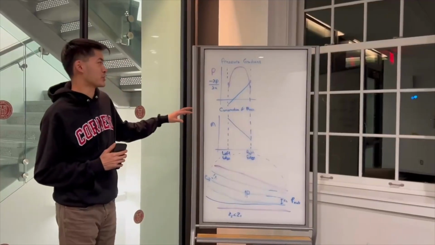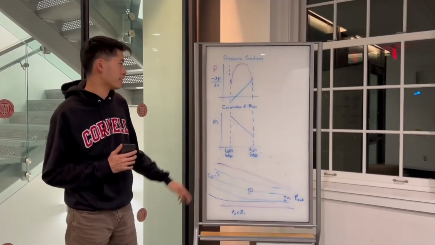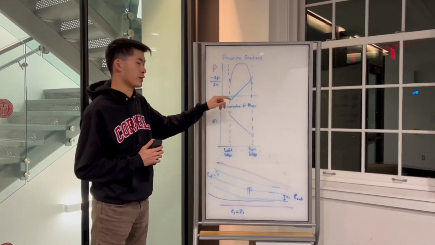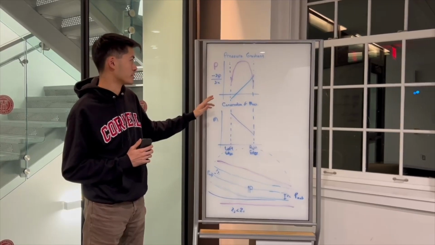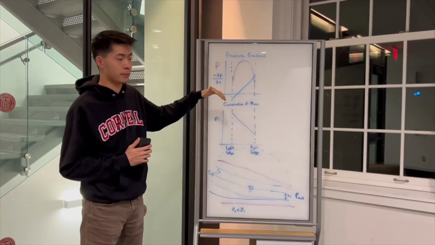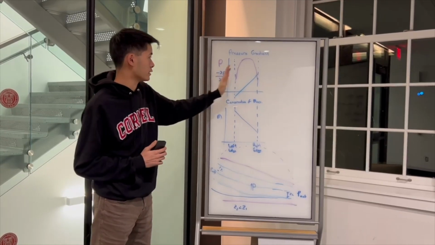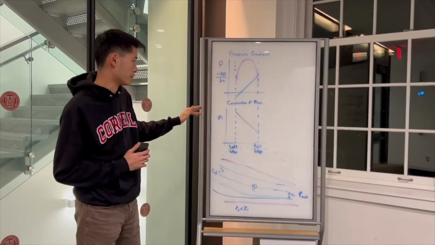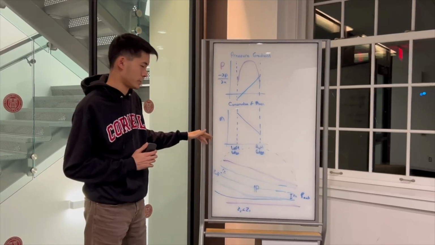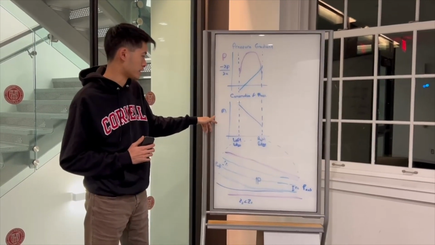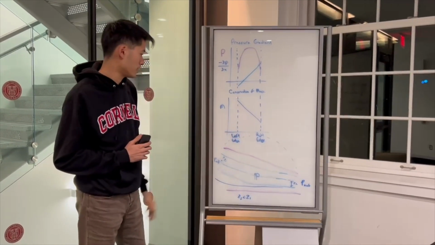So representing our system graphically, we see that we have a linear derivative for the pressure gradient, which means that our pressure profile itself will be parabolic, and both sides of it will have ambient pressure. And following conservation of mass, we see that there is a higher mass flow rate on the left edge than on the right edge of the needle.